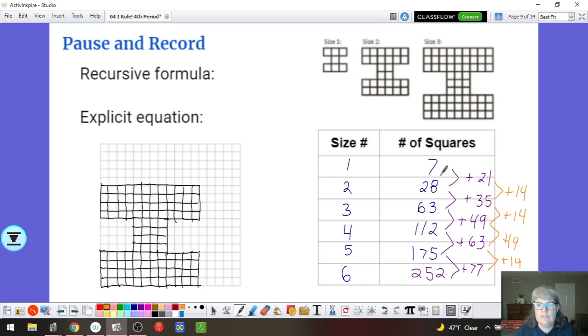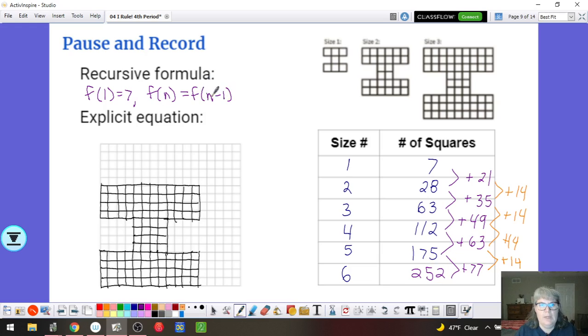So let's start with our recursive formula. For the recursive formula, we know that f of 1 is 7. The place where we start is 7. And then our recursive formulas always begin with f of n equals f of n minus 1.